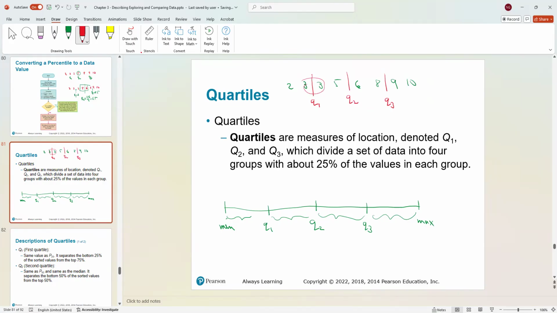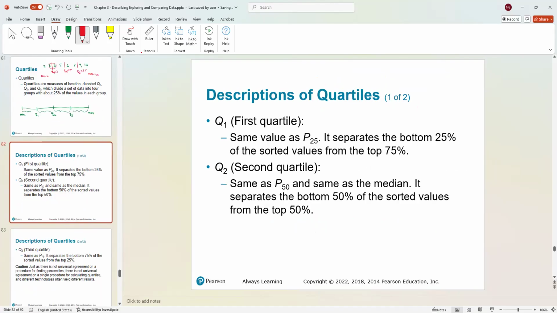So 3 plus 3 divided by 2 is 3. Here, 5 plus 6 divided by 2 is 5.5. 9 plus 8 divided by 2 is 8.5, right? And of course, we have the minimum of the data, 2, and the maximum, 10. The most important thing is to remember to reorder the data from the smallest to the largest.